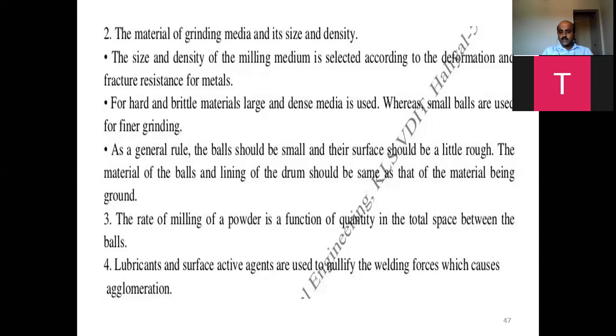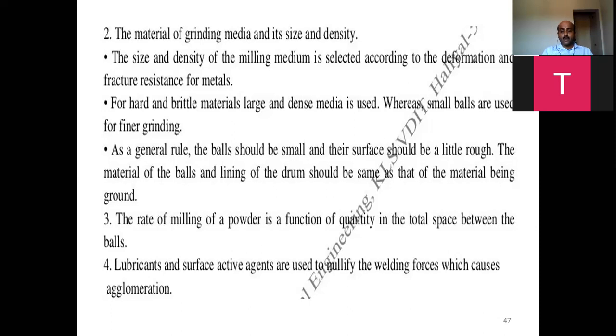The material of the balls and lining of the drum should be the same as that of the material being ground. So this is another important thing here. What type of material are you using for making the powder? The same material you have to use for the balls and also for the lining of the drum. So these two things are important.